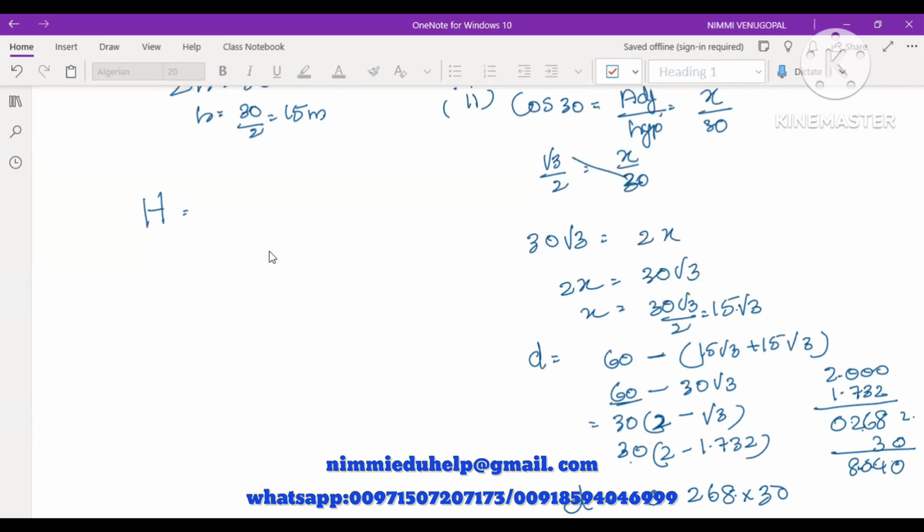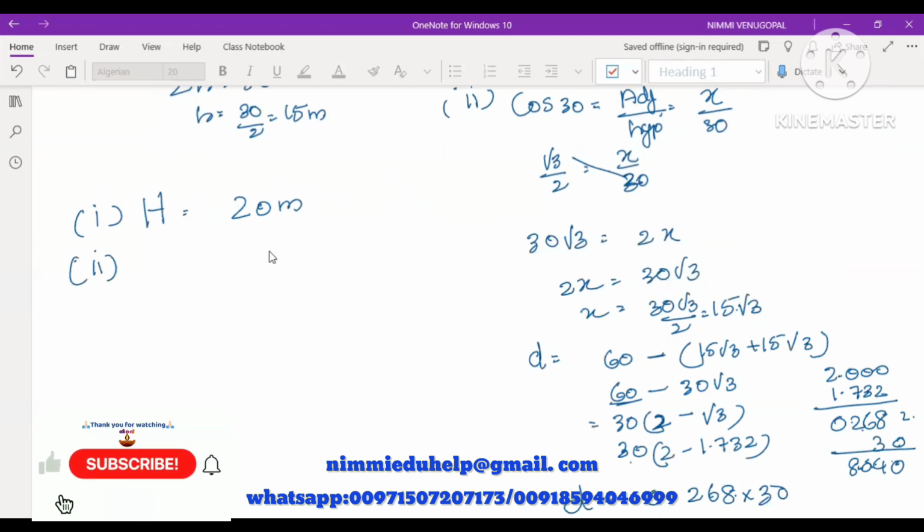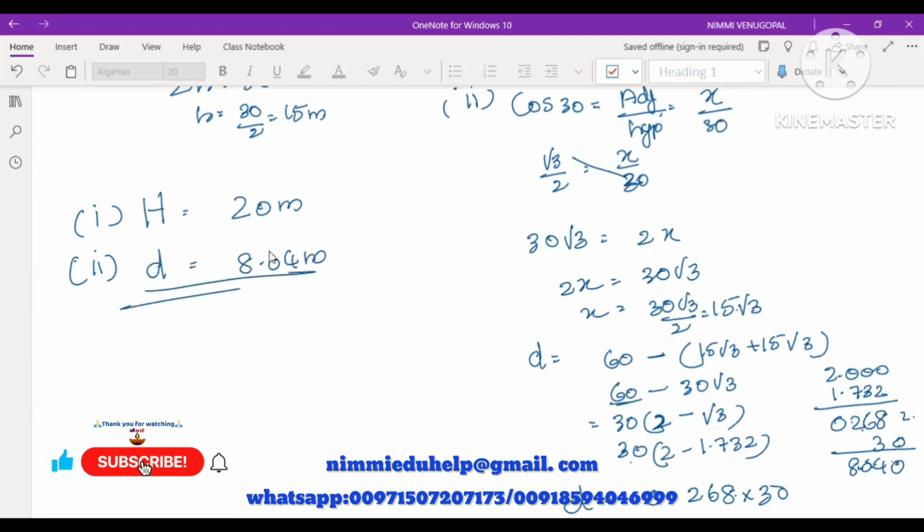We already found that the height is 20 meters. That is the answer for the first question. And the answer for the second one, the distance apart when the bridge is open: the D value we got is 8.04 meters.